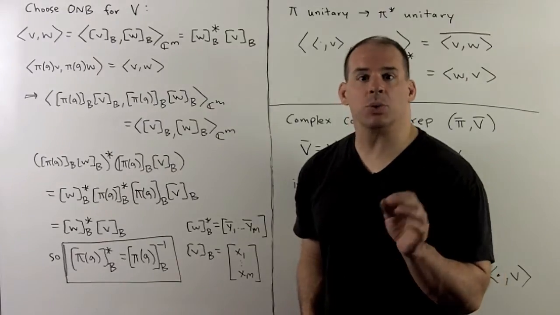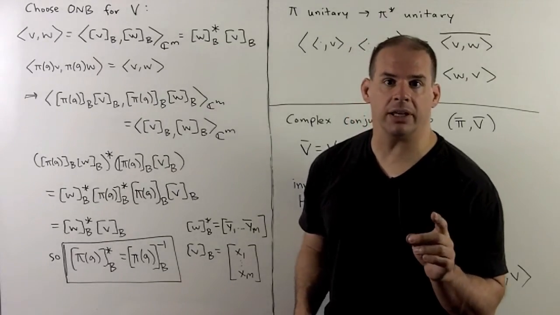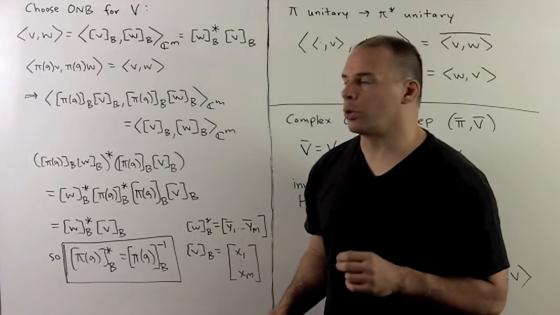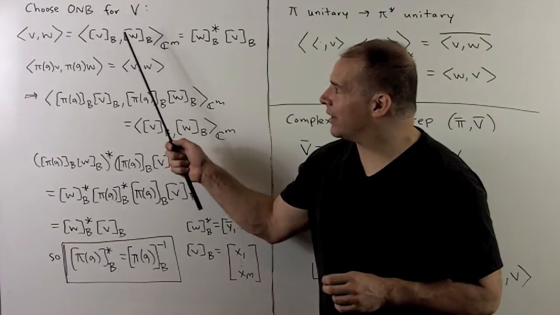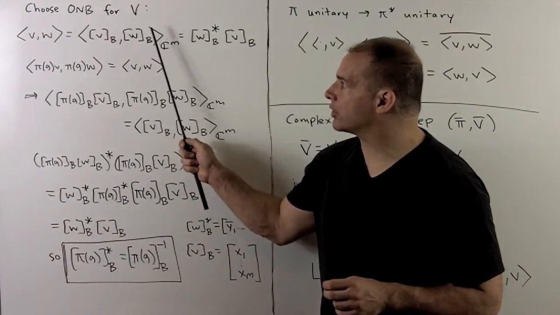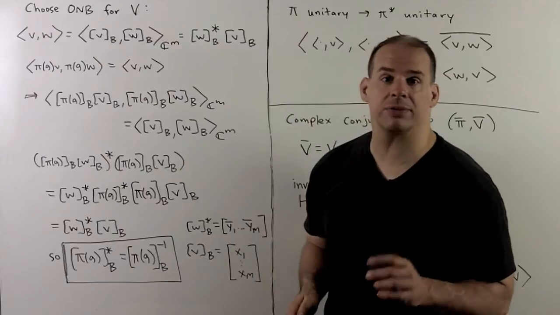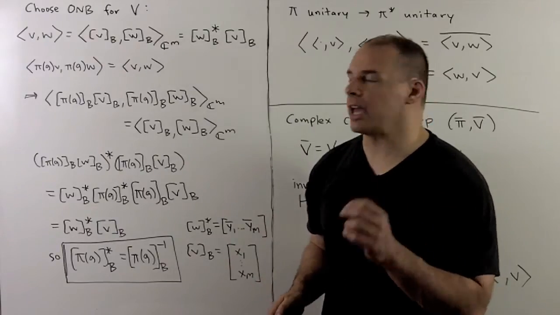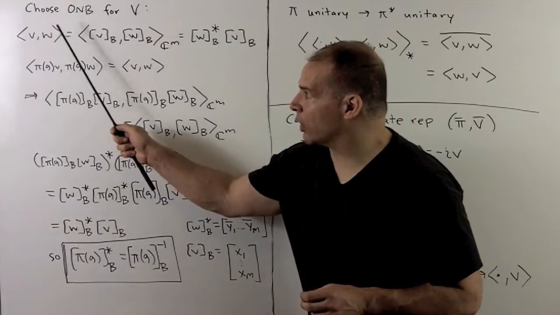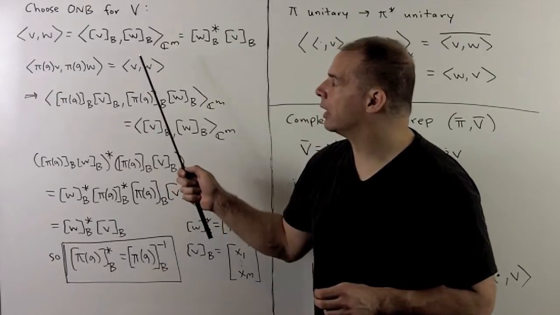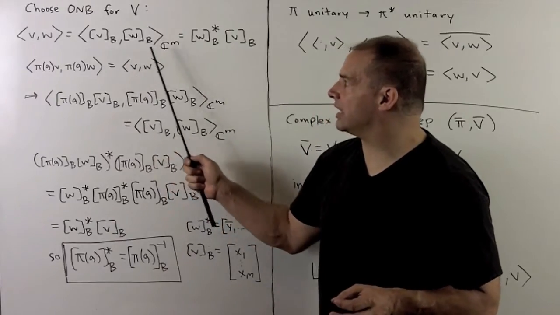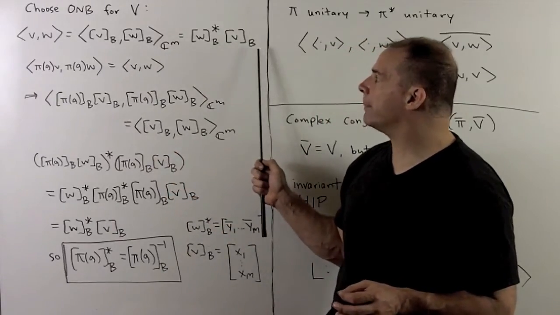Let's consider what happens when we choose an orthonormal basis for V. If we choose an orthonormal basis, then if I take the inner product of any two coordinate vectors using the Hermitian inner product for Cm, we get the same answer as if we took the inner product of the original vectors. Now, for the Hermitian inner product of Cm, we could define it in this way.